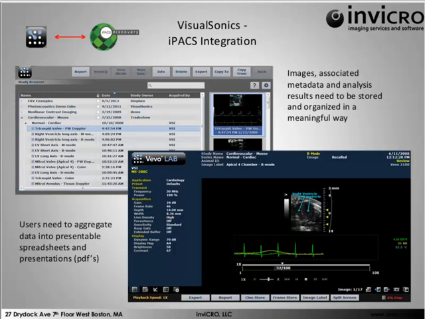And so all of the data generated out of the Vevo LAB system, the image data, the associated metadata, so image acquisition information, as well as any of the analysis output, can be stored into the iPACS in a synchronized manner.